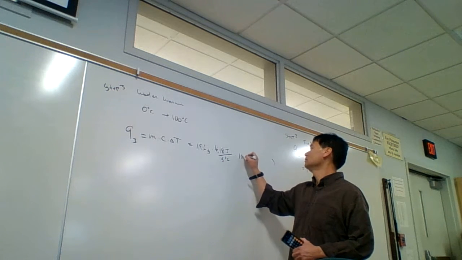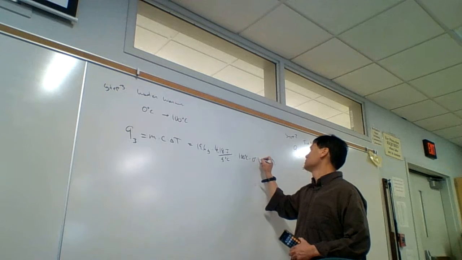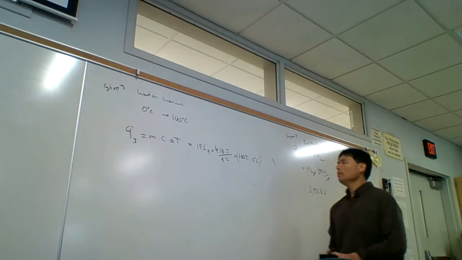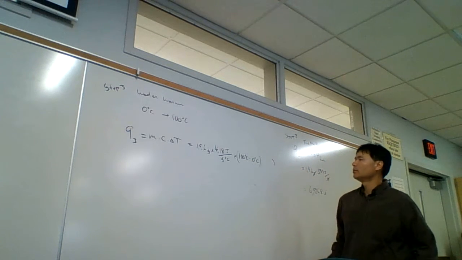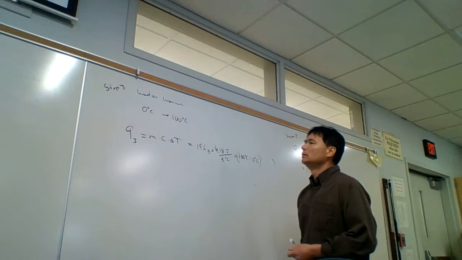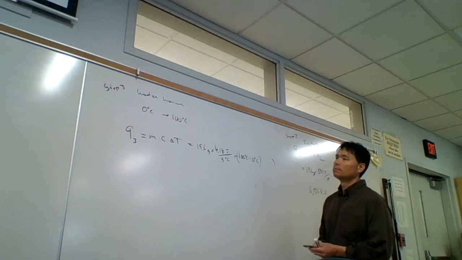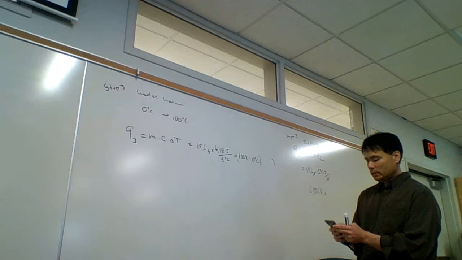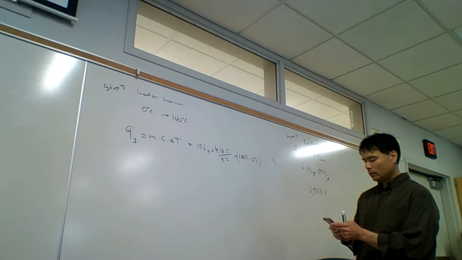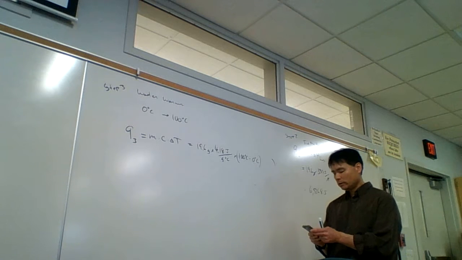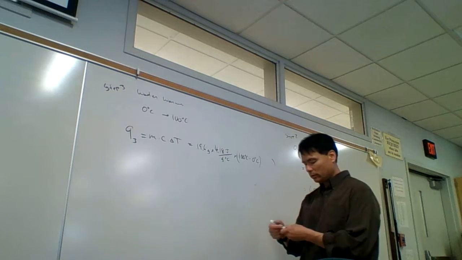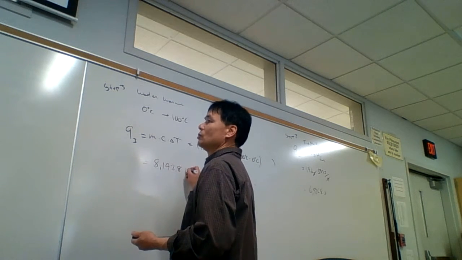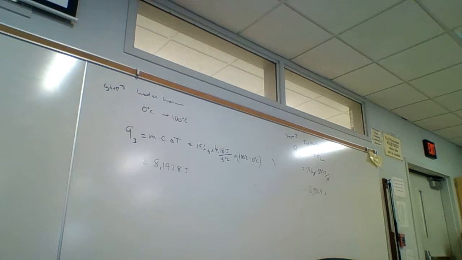Delta T would be T final, which is 100 degrees C, minus T initial, which is 0 degrees C. All right, so I have this, and then I'm going to go ahead and calculate it for step 3. 19.6 times 4.18 times 100 is 8,192.8 joules.